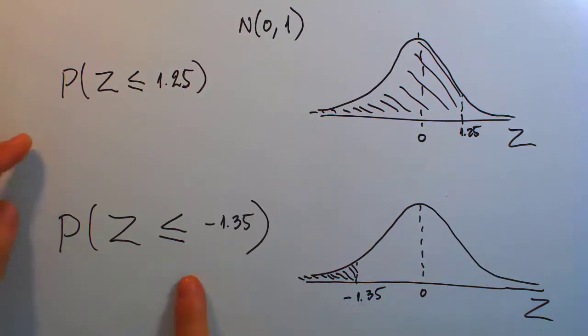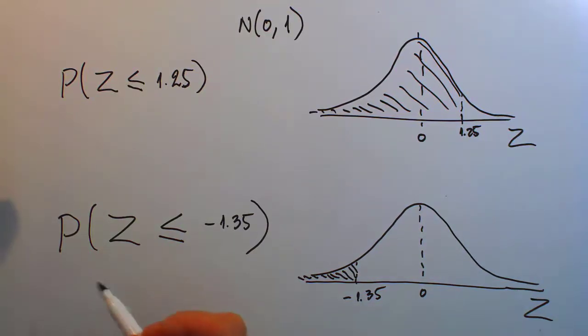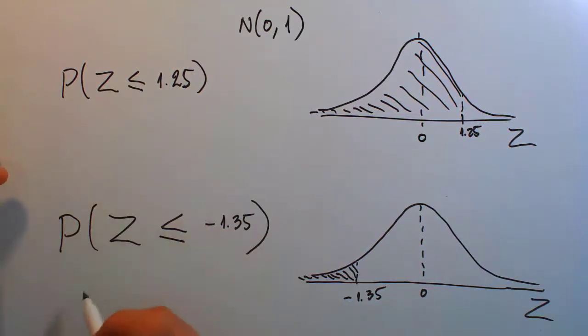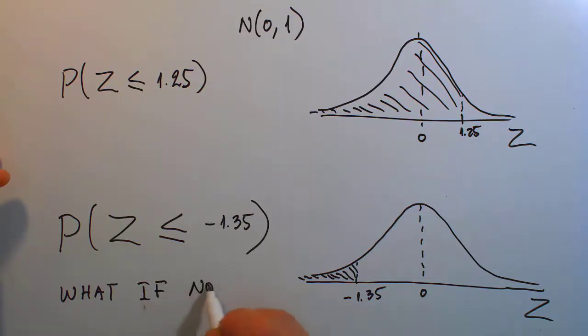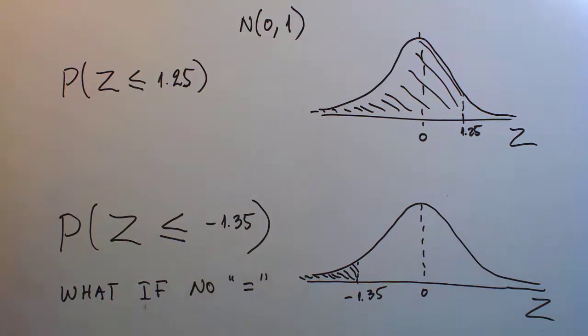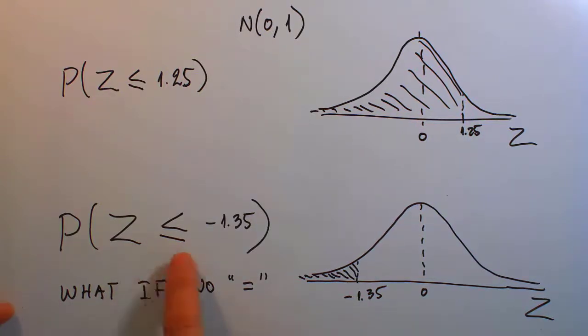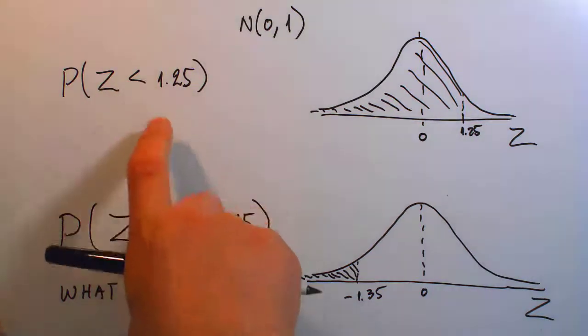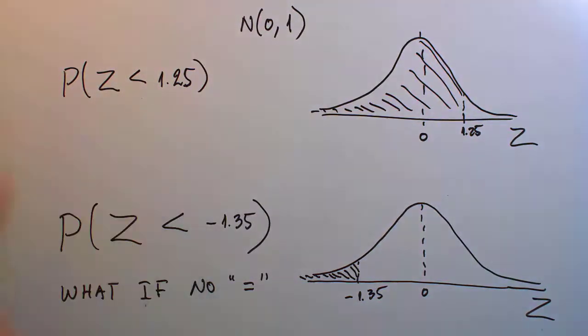Anyone viewing those examples throughout the earlier part of the video could be asking, what if there were no equality, meaning going back to any of these problems, but the inequality was only a strict inequality, just strictly less than 1.25, or z strictly less than negative 1.35?